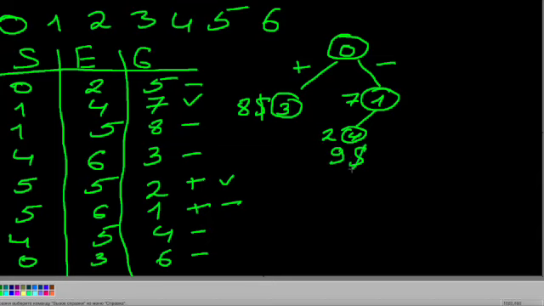So we can see this choice was better than this one. Okay, so this is a small example, a few combinations that we considered. And what can we conclude from this?